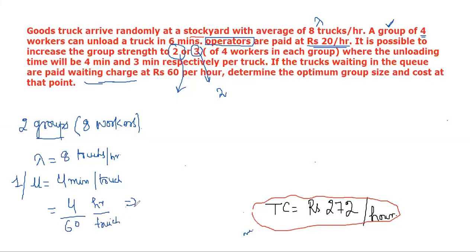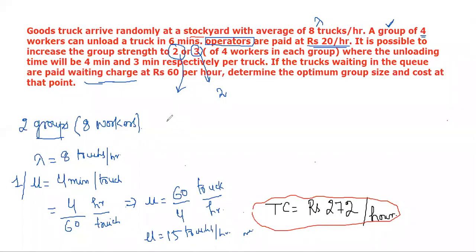Or we can say that mu is equal to, just take its reciprocal, 60 by 4 trucks per hour, so mu will be equal to 15 trucks per hour. Okay, you have seen that in the previous case when only 4 workers were working, the service rate was 10 trucks per hour. They could unload 10 trucks per hour, but in this case the service rate has increased. They can unload 15 trucks per hour.